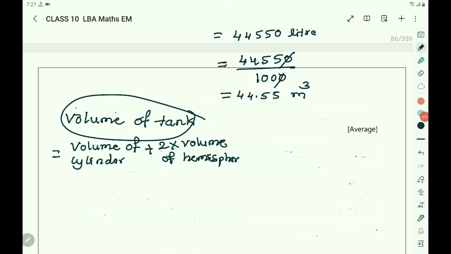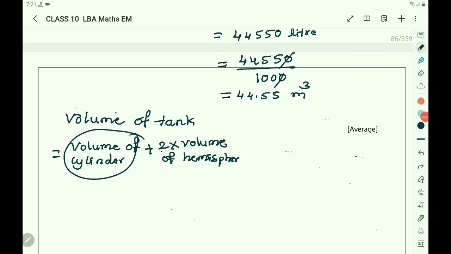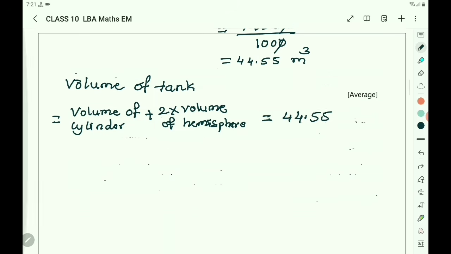Volume of tank is equals to volume of cylinder plus 2 into volume of hemisphere. That equals how much? That equals 44.55 m cube, right? 44.55. Then you write the formula for the volume of the cylinder.